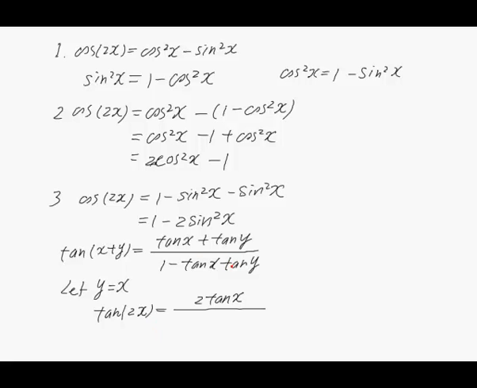And tangent x times tangent x, you have the tangent square x in this denominator. So now we find the double angle identity for tangent. Now let's look at some examples to see how we apply these double angle identities.